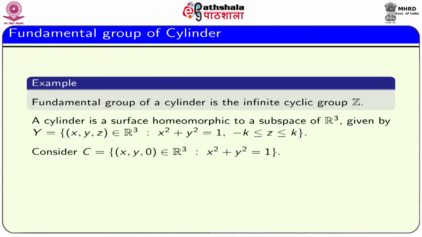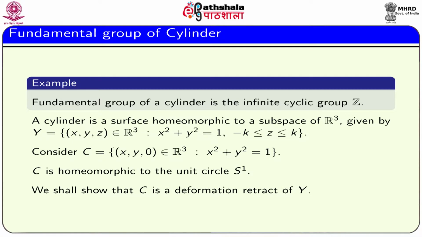Now consider C equal to the collection of all points of the form x, y, 0 such that x square plus y square equal to 1. Of course, this C is homeomorphic to the unit circle S1.